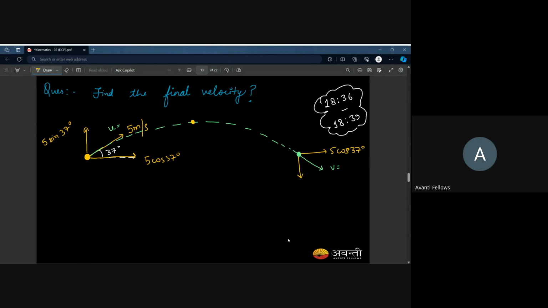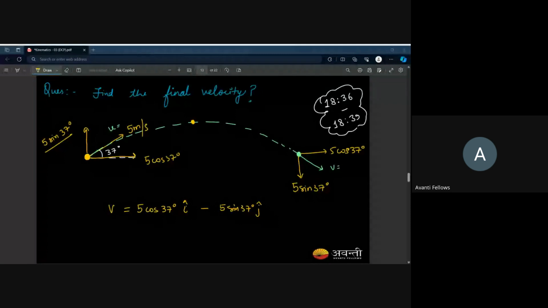Whatever the value you have here, 5 sine 37 degree, it will give you the same value but in the opposite direction. So if I want you to calculate the final velocity vector, it would become 5 cos 37 degree i cap, and minus 5 sine 37 degree j cap. Meaning, you can put the value of cos 37 and sine 37.